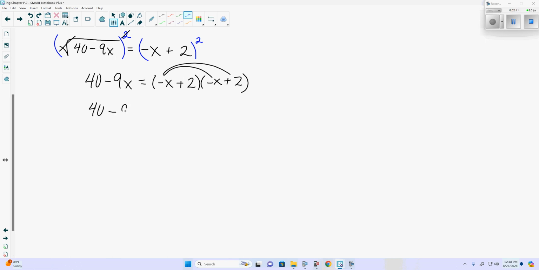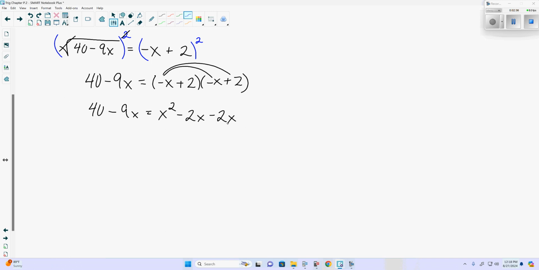Now the left-hand side is going to stay 40 minus 9x for a good little bit until we can simplify the right-hand side. Now the first thing we can do is negative x times negative x. Well, negative times a negative is x times x. Negative x times 2 is negative 2x. 2 times negative x, negative 2x.